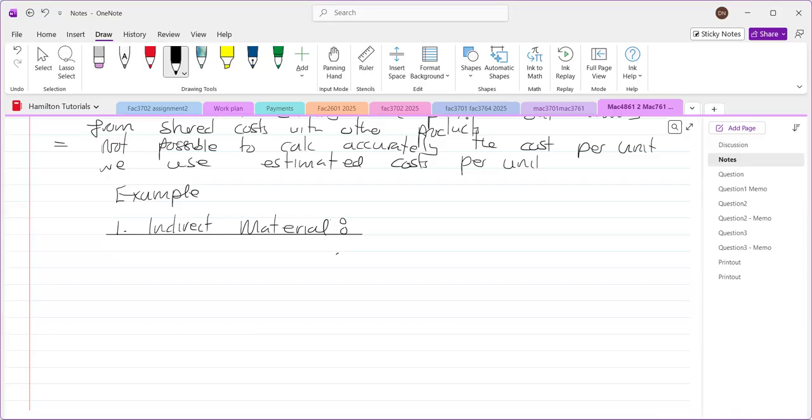Right. However, the crux of the matter with the indirect material is that it is of insignificant value.